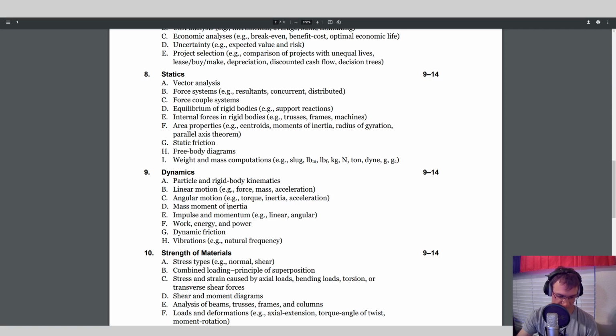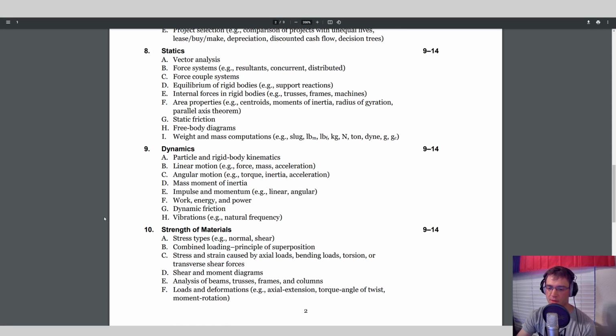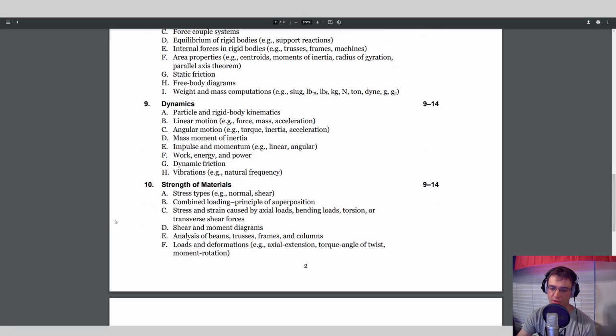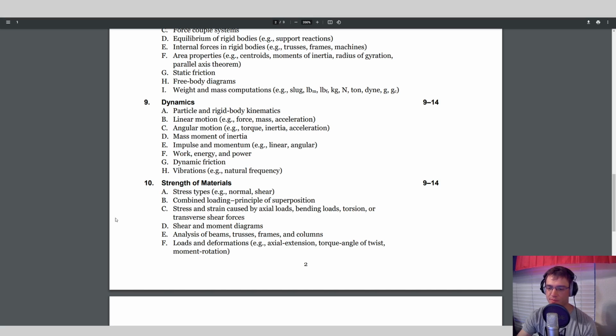Next is dynamics. So we've got particle and rigid body kinematics, linear motion, angular motion, momentum, dynamic friction. Because when things move, now friction matters. When things don't move, friction doesn't matter. But when things move, now friction matters.